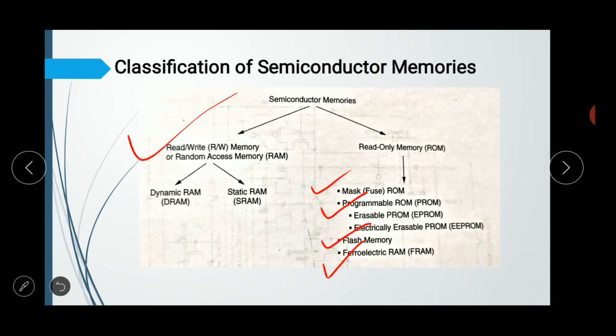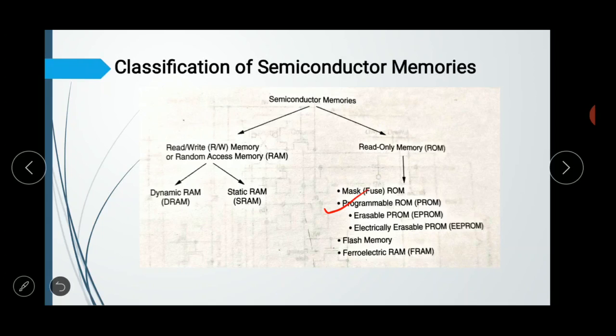Mask ROM is one in which data are written during chip fabrication by using a photo mask technique. Next one is the programmable ROM, in which data are written electrically after the chip is fabricated.